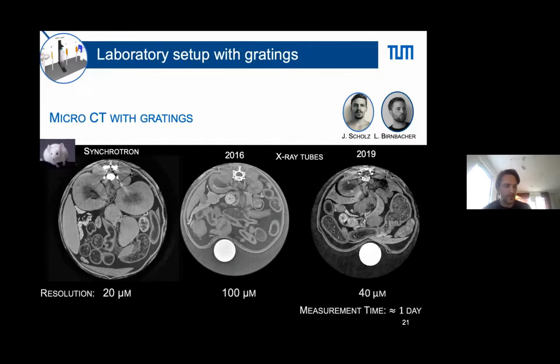Is there a certain energy, or an energy range, where this method is more applicable, or maybe it has to do with the gratings also? It's actually so that, as we use both in the lab, or if you go to the synchrotron and use a 2 grating interferometer, once you need the gold grating, any energy where the gold becomes transparent doesn't work anymore.